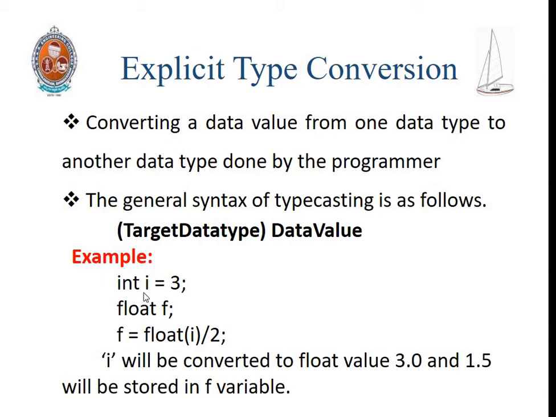And this is the example: int i = 3, float f = float(i) / 2, where i will be converted to the float value 3.0 explicitly using float(i), and the float value 1.5 will be stored in the variable f.